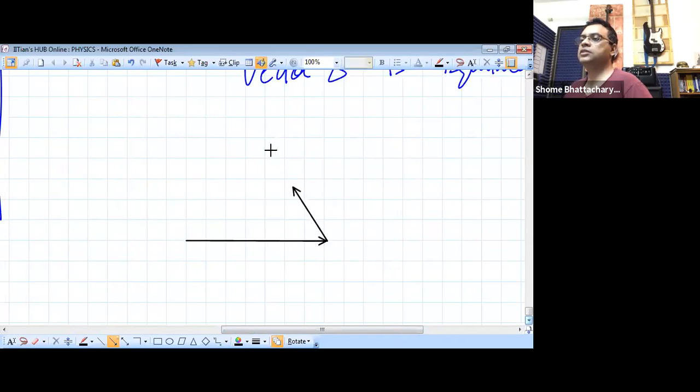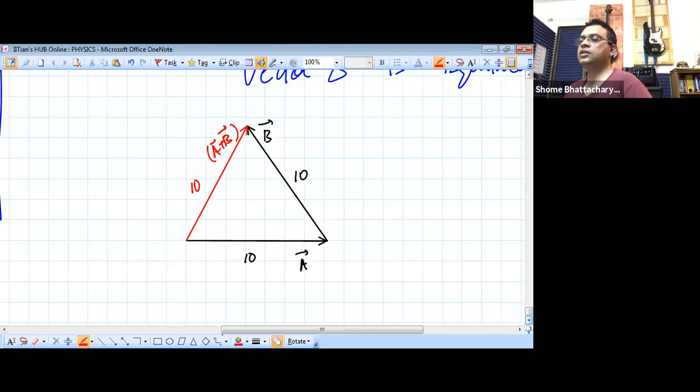then B will have to be this. B will also have to be of 10, so that the resultant of A plus B is also 10. It has to be like this.